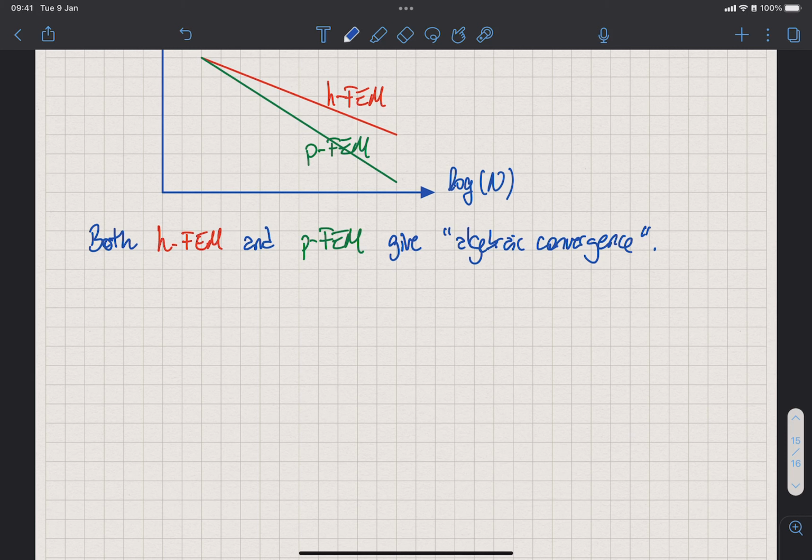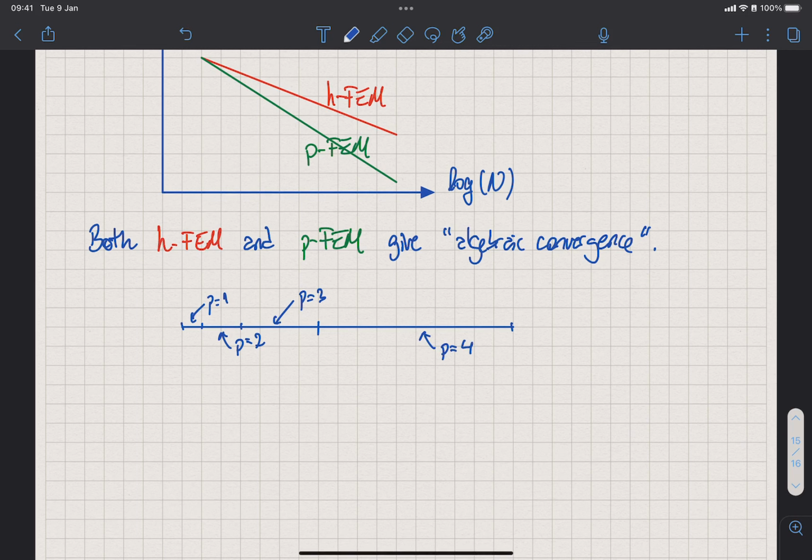So let's say this is your domain, and this is going to be your first element, second element, third element, and then the other one is the last element. So here we're going to use p equals 1, here p equals 2, and for instance here p equals 3, and here p equals 4, right?